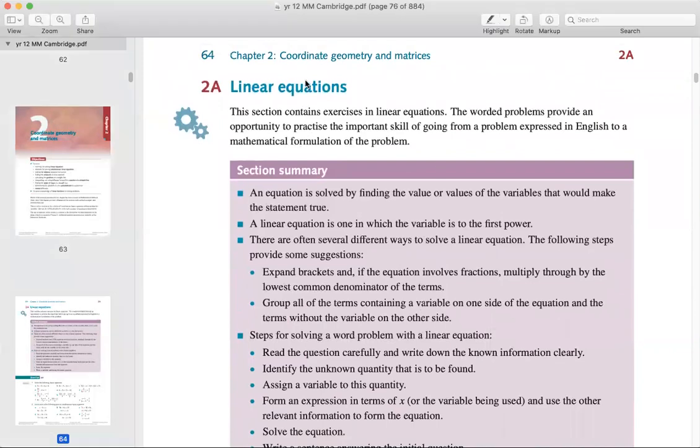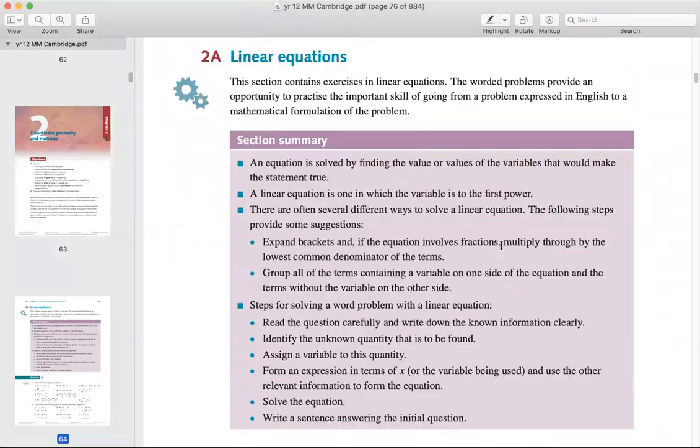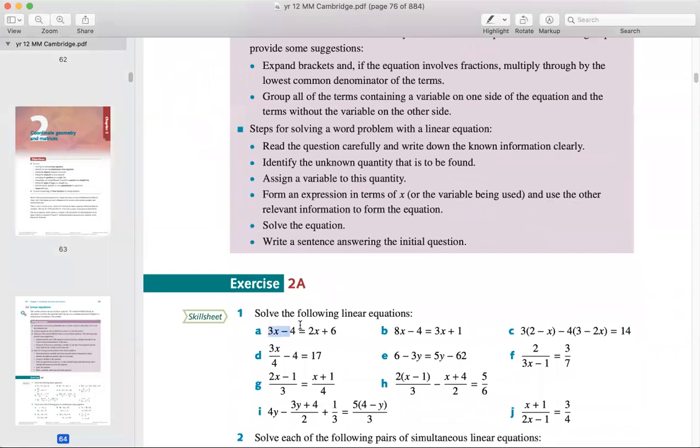So first, what is a linear equation? A linear equation basically means the power of the unknown is 1. Let's say y equals mx plus c, or mx plus b, whatever. This also means linear equations can have the unknown on both sides. For example, like this one.